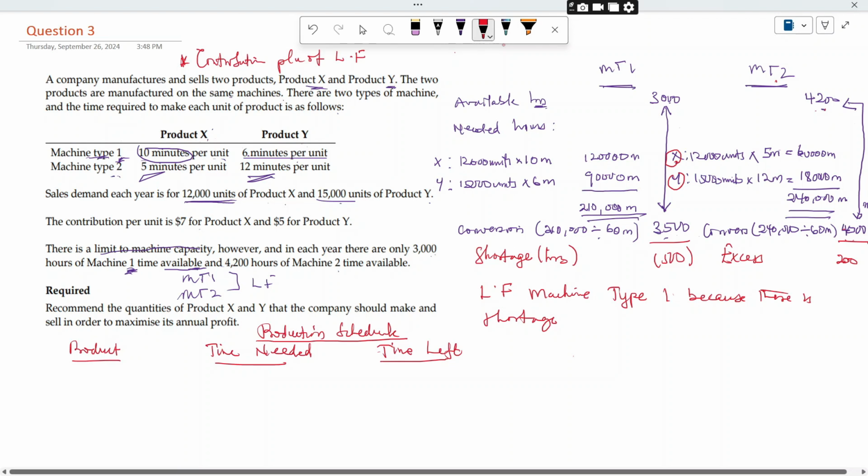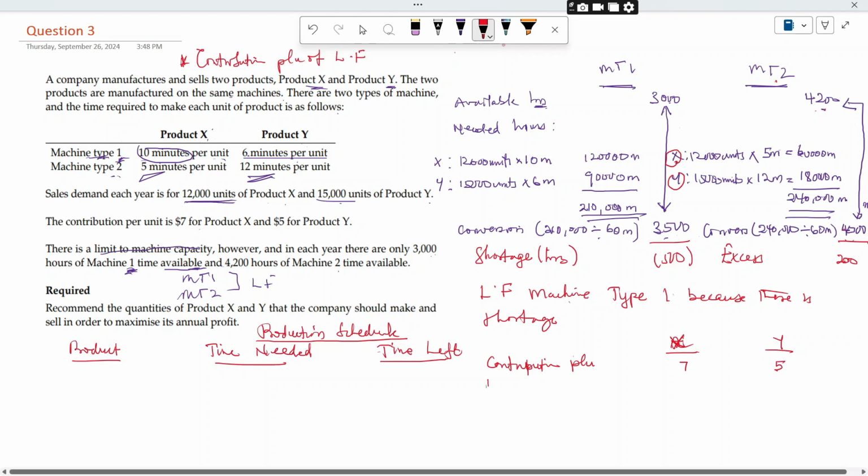Okay. So when you look at here, you ask yourself for product X and product Y, what is the contribution per unit? Contribution per unit for X is 7, and for Y is 5.